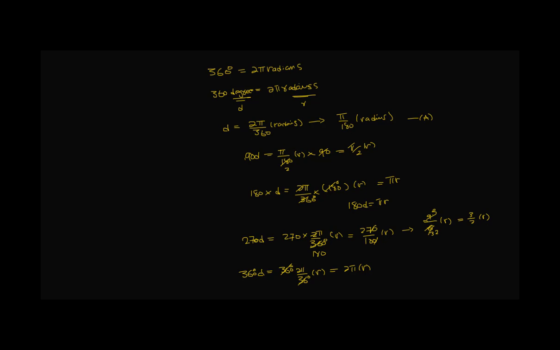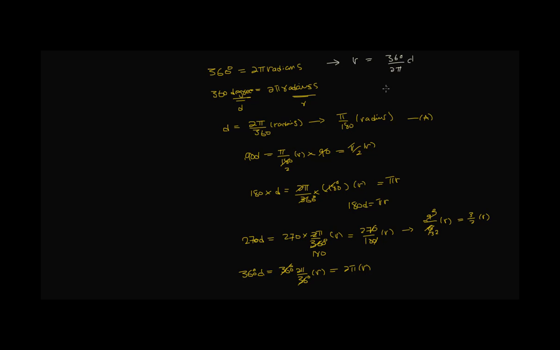Let's change equation A to solve for degrees. 360 degrees is 2 pi radians, but what is 1 radian equal to? So 1 radian, or R, is going to be equal to 360 divided by 2 pi degrees.